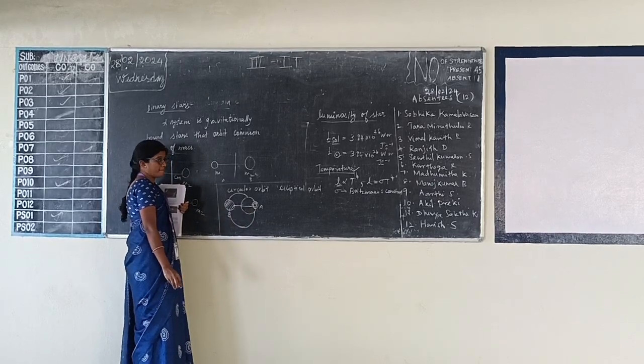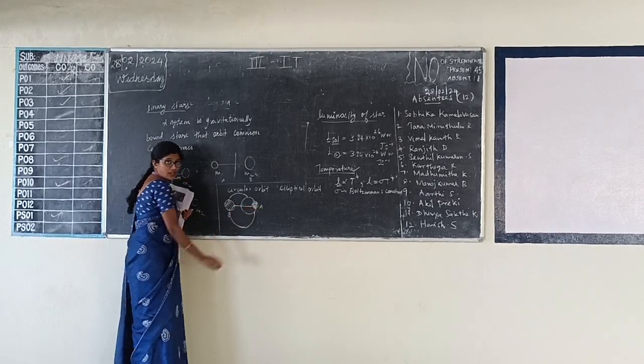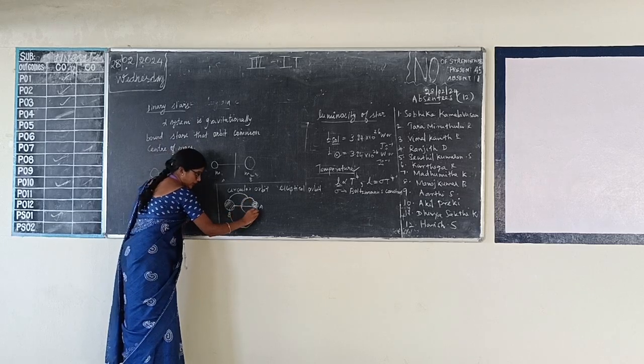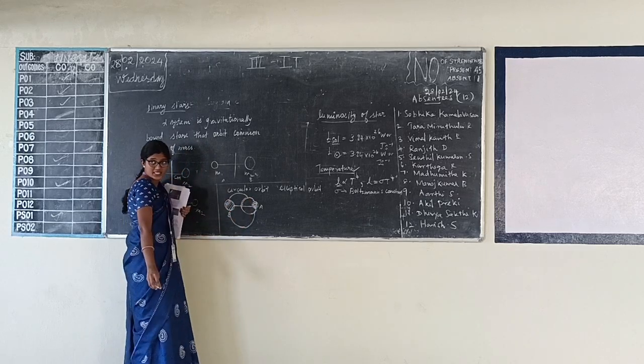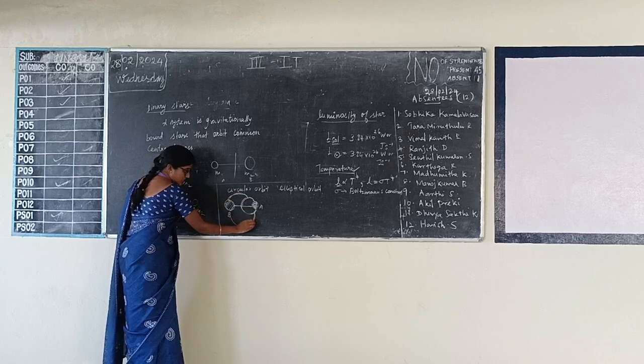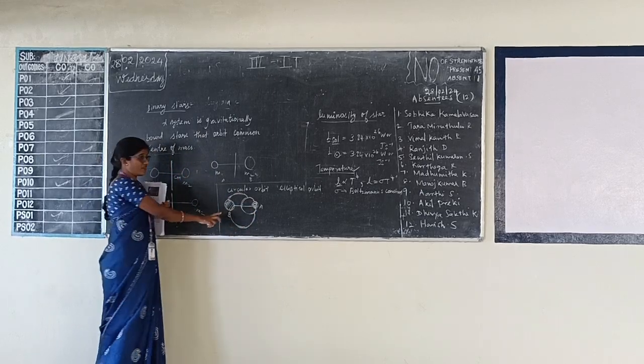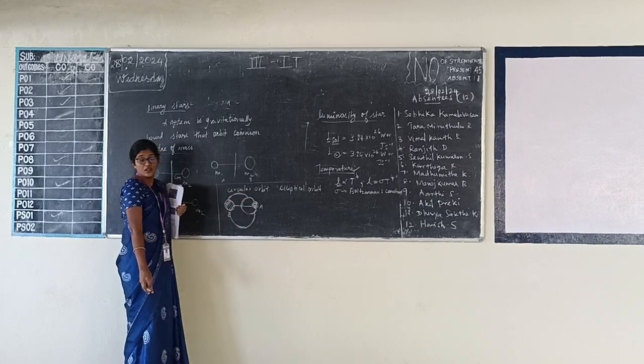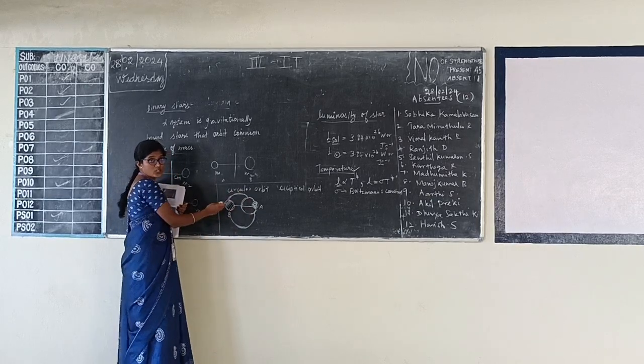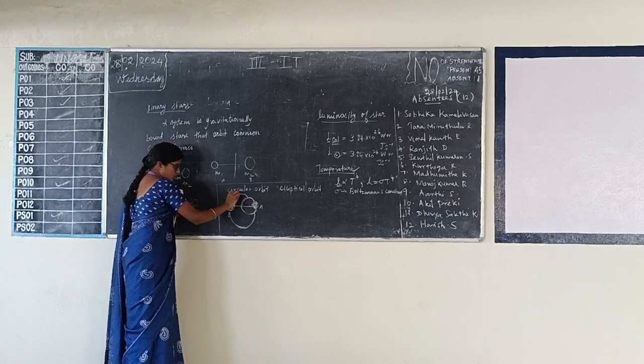A is the smallest star having a small orbit. B is the largest star having the largest orbit. Which is larger? B is larger. But where will the center of mass exhibit? Towards B.